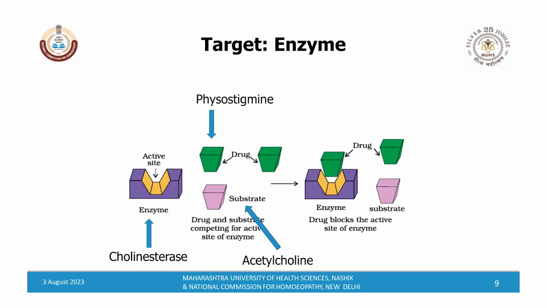So now the cholinesterase enzyme is unable to degrade acetylcholine. As a result, the concentration of acetylcholine increases and it continues to produce the required action. So in short, physostigmine here prevents degradation of acetylcholine by attaching to cholinesterase, an enzyme, as its target.